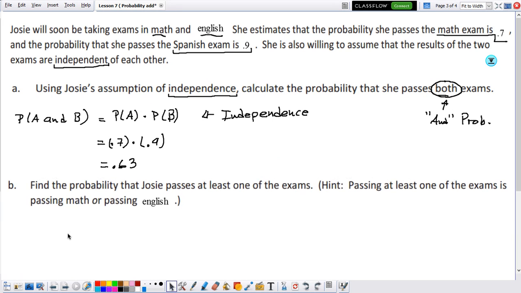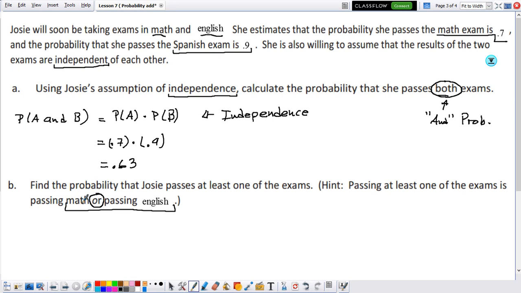Because, well, let's look at A. Here it says, find the probability that Josie passes at least one of the exams. Now, when they say at least one of the exams, that's pretty much saying that either she passes math or passes English. So notice here that they're using the word or.